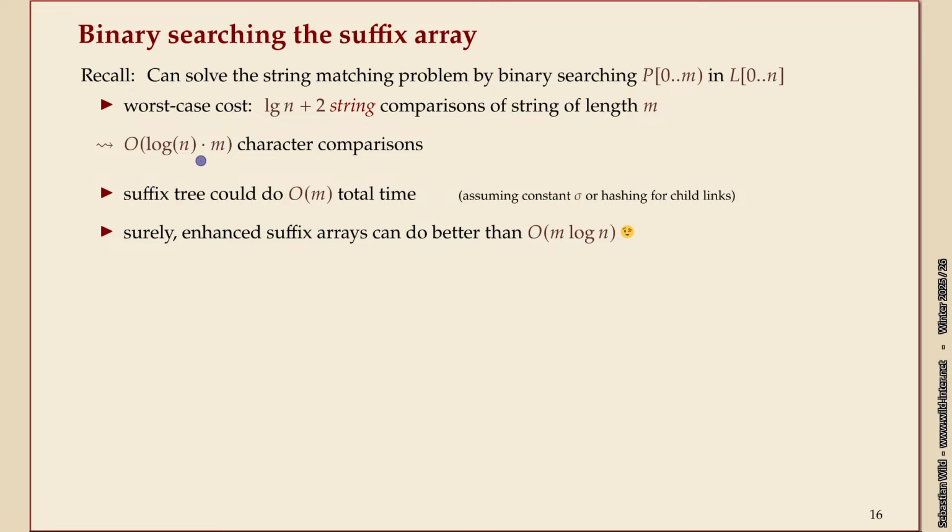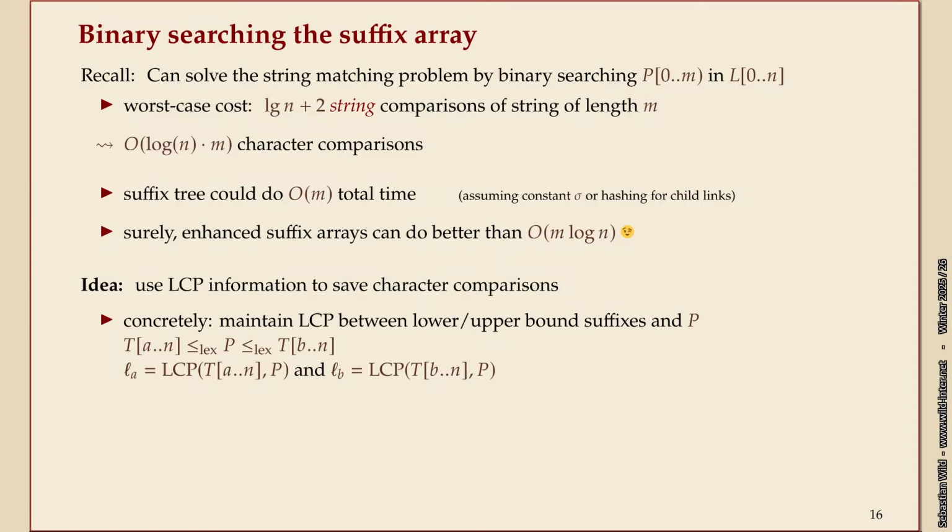That's a far cry from this one. And if these enhanced suffix arrays claim to be a replacement for suffix trees, they should be able to do better. And they can. And we were missing this last piece, the range min queries, for a simple solution to do better than that.